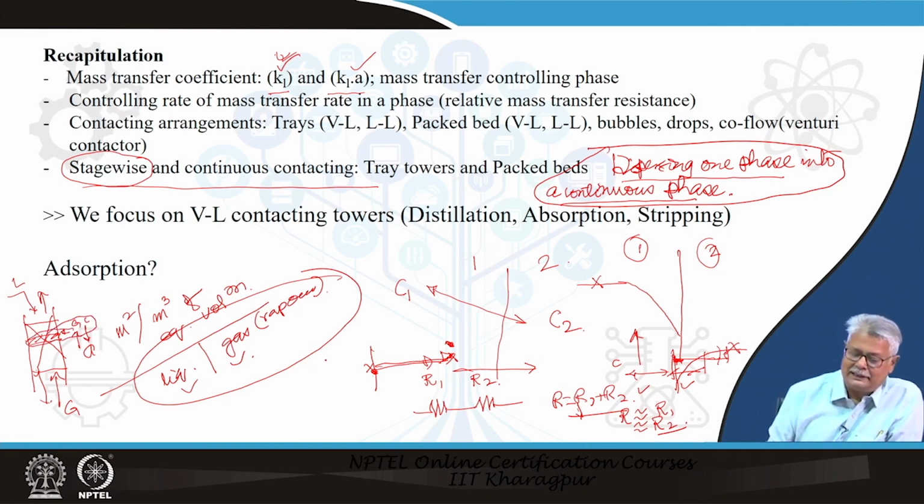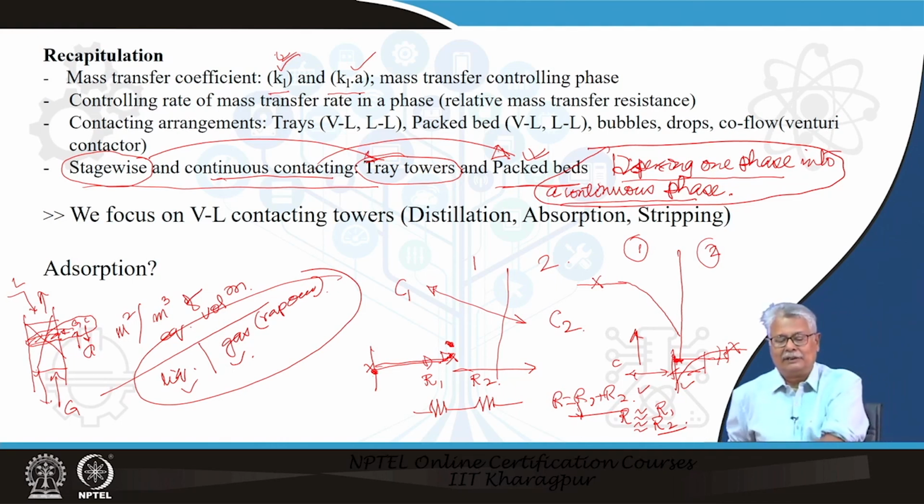So, continuous contacting will be offered by packed beds. The equipment is going to be a packed bed for you. And the tray towers, we will see the details of the tray towers, are stage-wise contacting equipment.